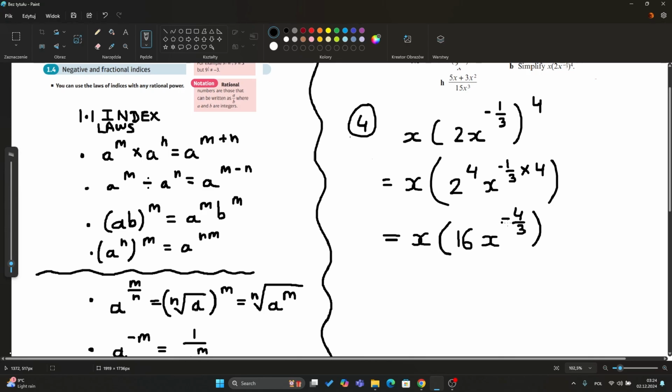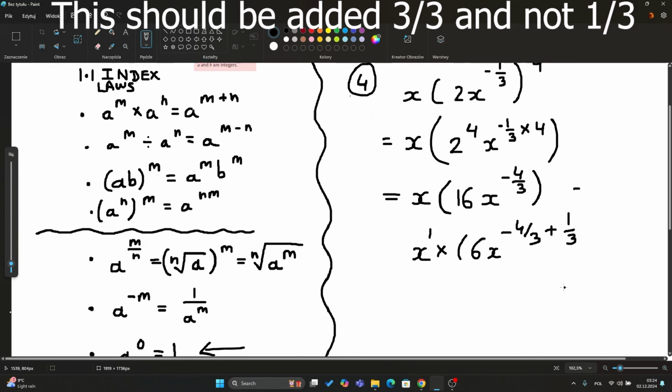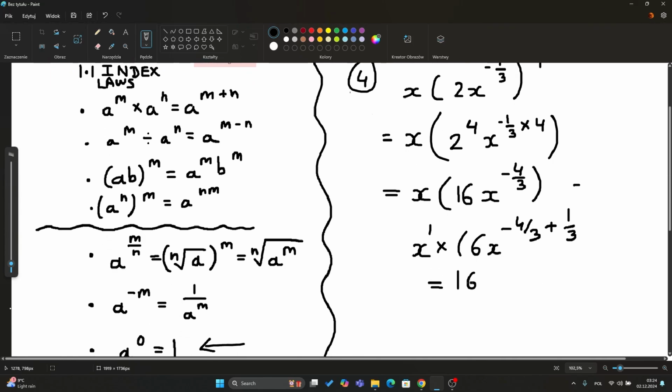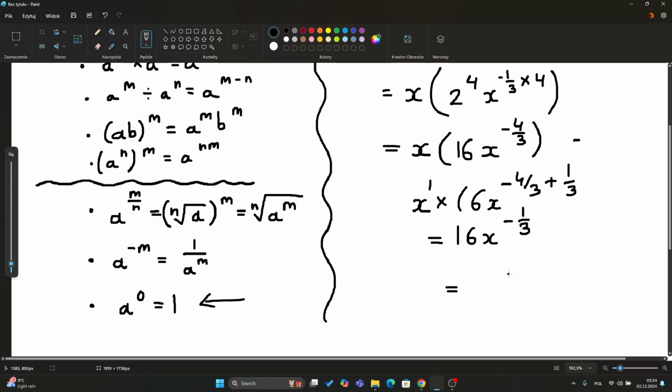And now we just multiply this by x, so we're going to add this to 16x to the minus 4 over 3, and we just do this by adding the powers together, so plus 1 over 3 here, where this will be 16x to the power of minus 1 over 3, and then we can put this by using this rule.